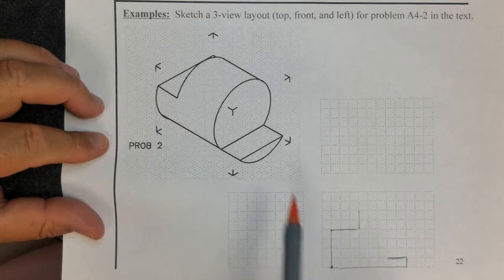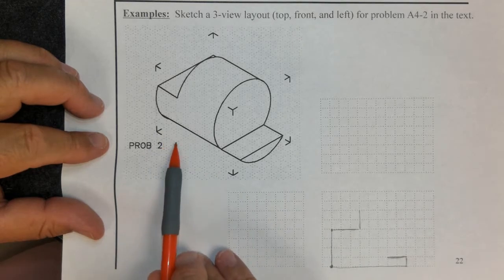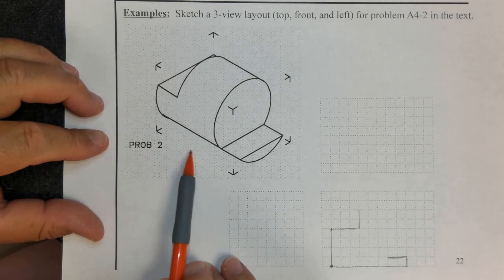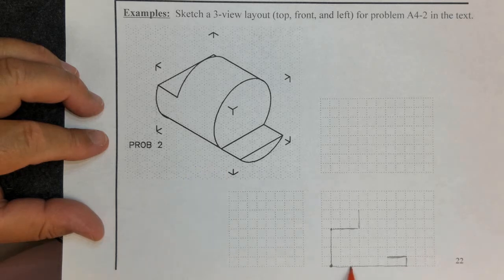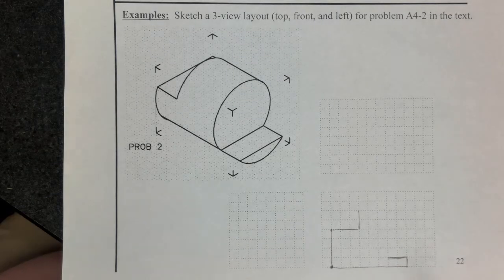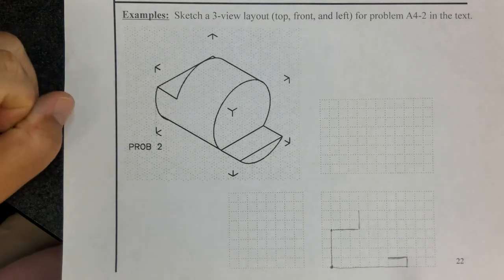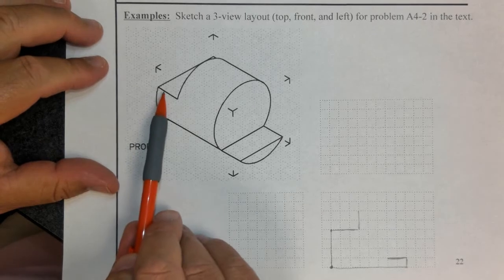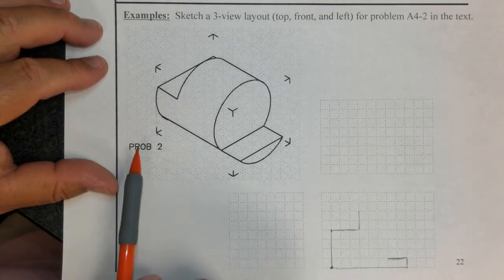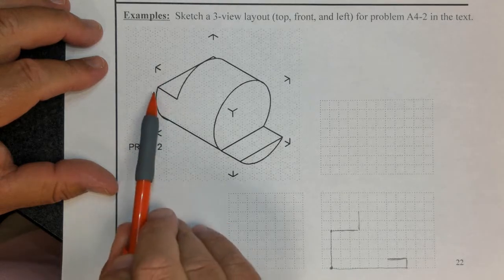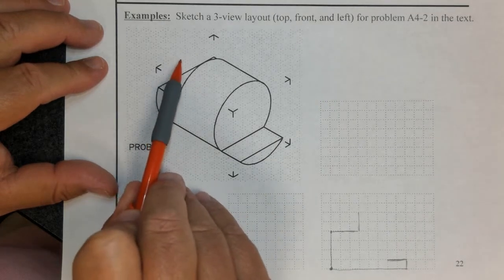See, did I miscount here? Let's see. That was 1, 2, 3, 4, 5, 6, 7, 8. Okay, that looks right. I think my problem might be back here. 1, 2, 3. Is that right? 3, 1, 2, 3.